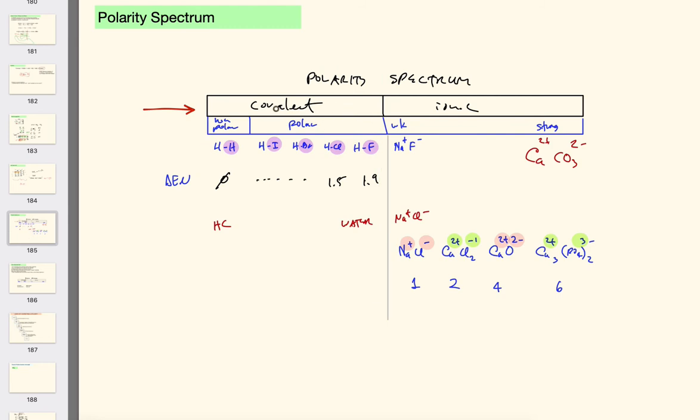Now, I just told you covalent compounds are formed by sharing electrons. There's two flavors. There's nonpolar molecules that are not lopsided in terms of electron sharing, and molecules that are polar, those that share electrons in a lopsided way.